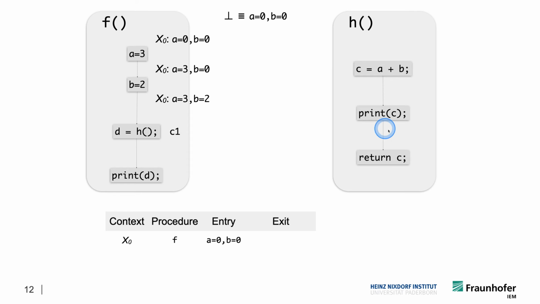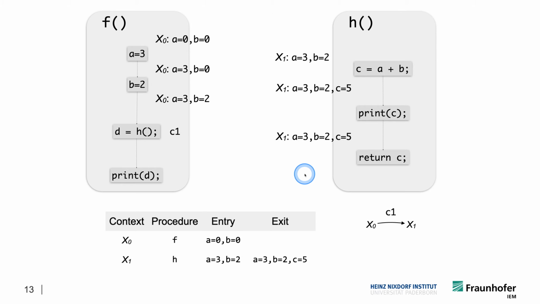We are now evaluating within that scope, which means we will also add a new context to the table down here. In particular, we store that we now have a context X1, which regards procedure H, not F, and we have these initial entry values, A equals 3 and B equals 2. We store that in our table.